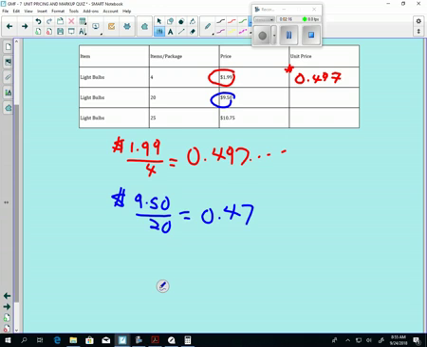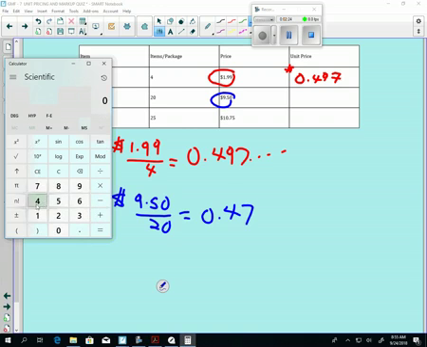I'm going to use the calculator just to make calculations. So we have 950 divided by 20, and that's 0.475.